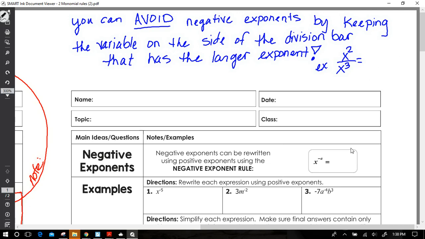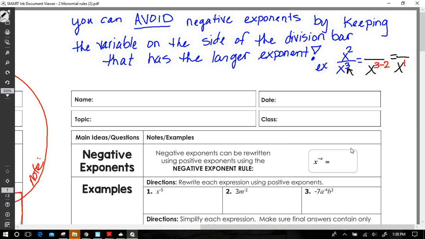But here's how I recommend doing it. I would say the 3 is the bigger number, so keep the base on the bottom. And then do 3 minus 2. And if I simplify that, 3 minus 2 is 1.